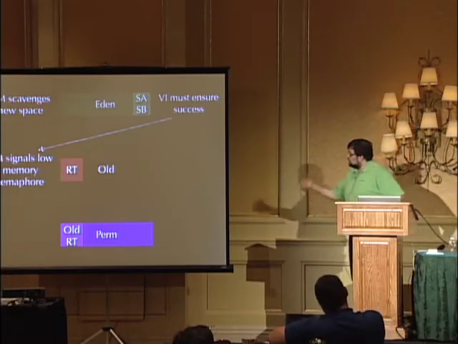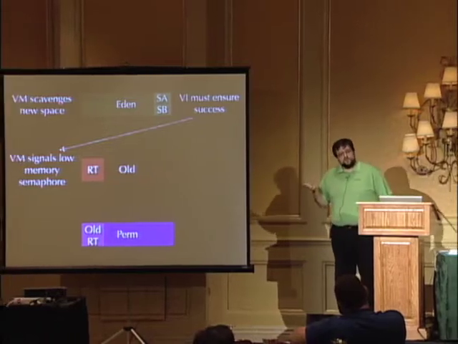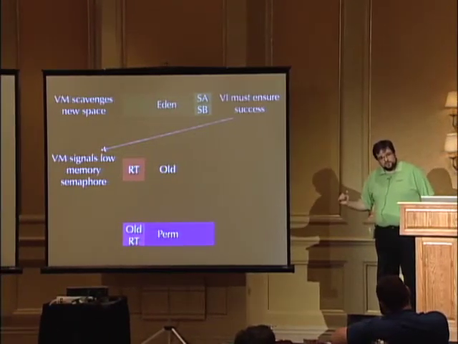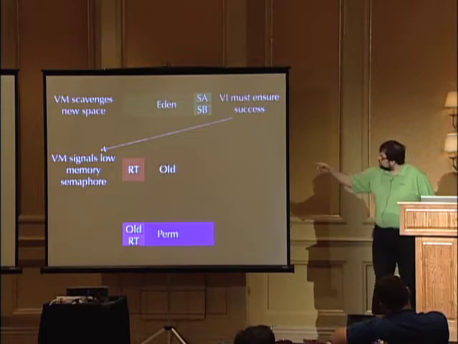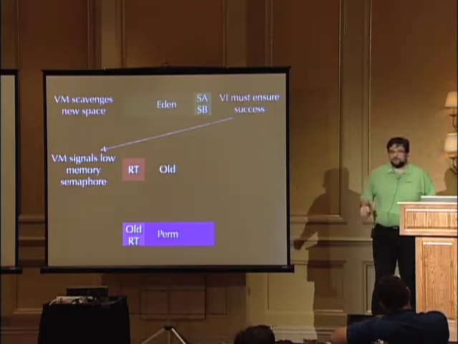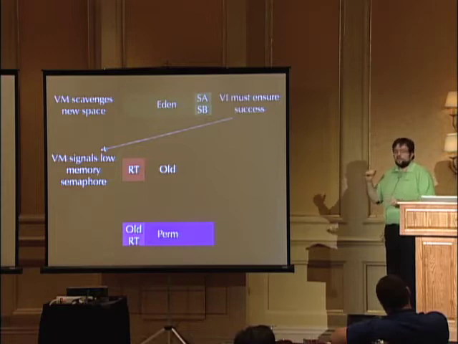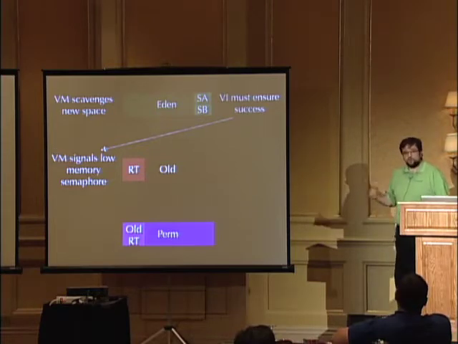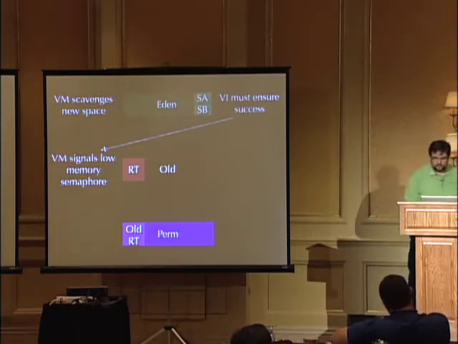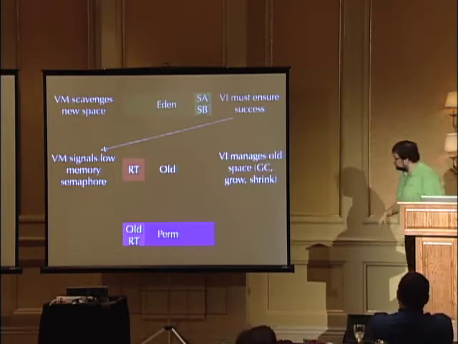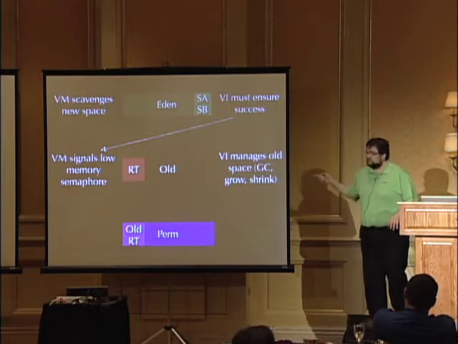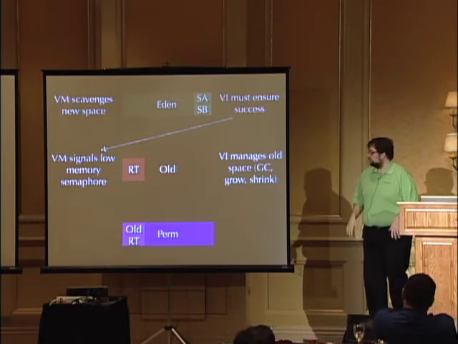Because it tells the virtual machine, well, when free memory falls below a certain limit, tell me, so I can do something. And that's why the VM signals a semaphore when object memory starts running low on free space. And that means, therefore, that the image can decide what to do, because now it knows, low space, well, what are we going to do?